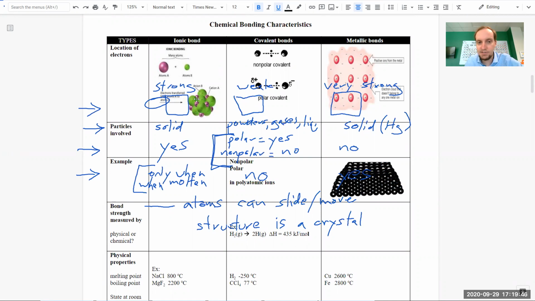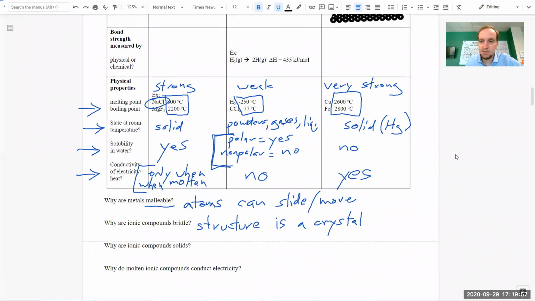You have the positives, the negatives, in a very repeating, very organized manner. If I was to smash that with a hammer, the green and the purple would break apart and you would be left with basically a powder. So they're brittle because they could break along those lines. So all the positives and all the negatives, they could fracture and split along those weak points.